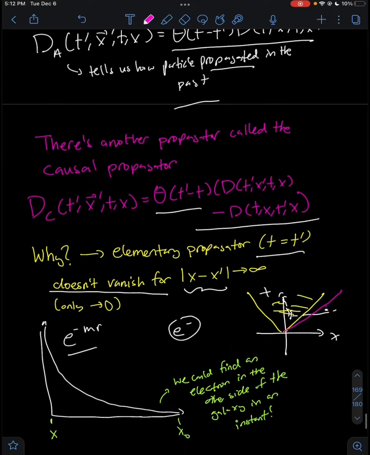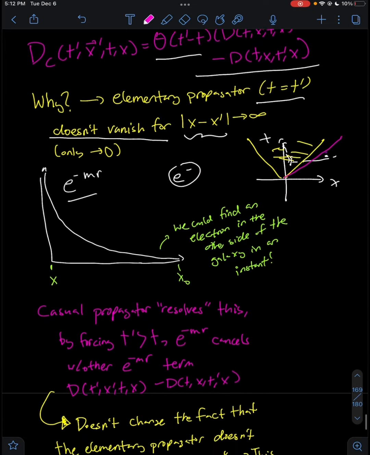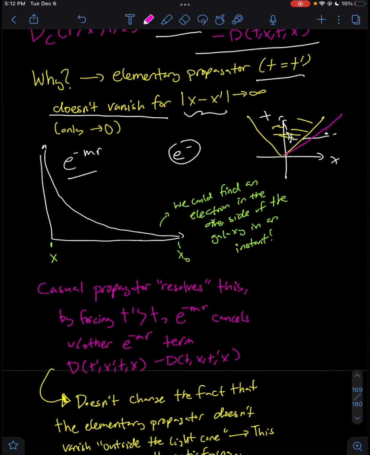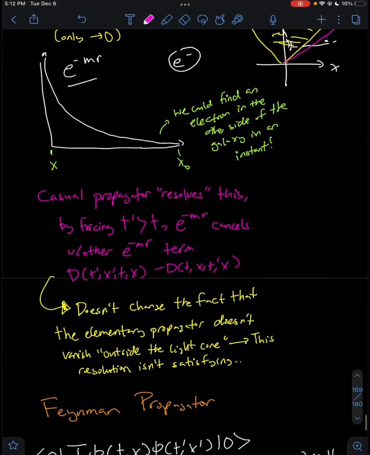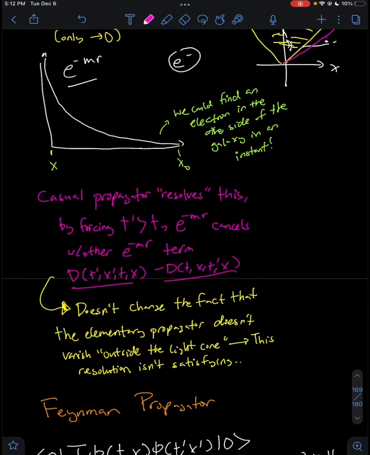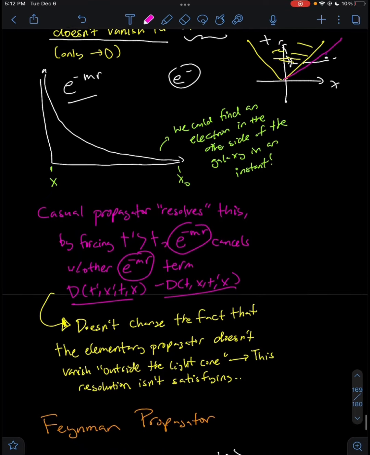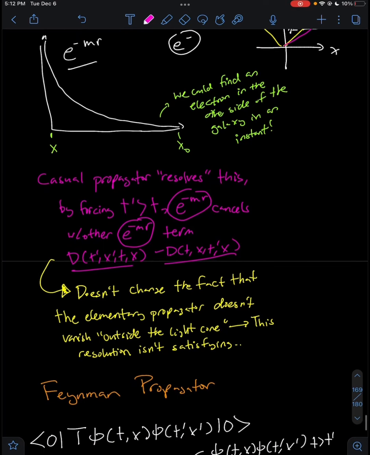So we use the causal propagator to solve this. And it resolves this because when we subtract the propagators together, the e to the minus mr terms cancel out, so we do get exactly 0 outside the light cone.